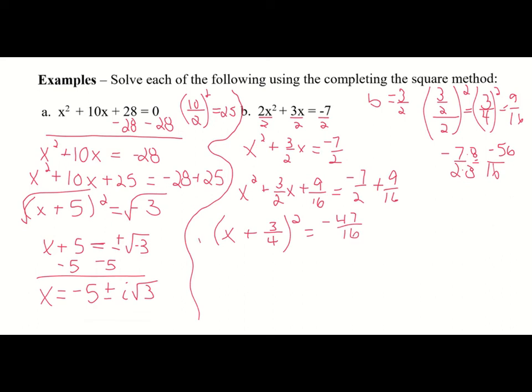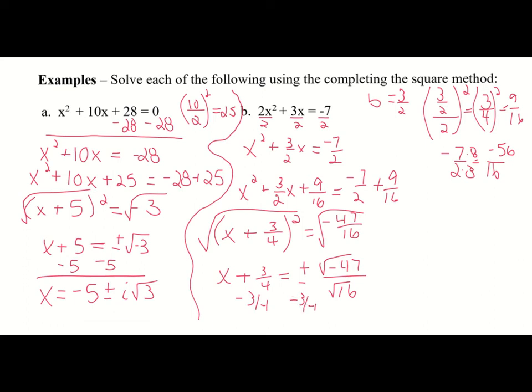We'll take the square root of both sides. So we're going to have x plus 3/4 is equal to positive or negative square root. And again, I think I am going to go ahead and split it up because we might need to rationalize. The square root of negative 47 over the square root of 16. And then we'll subtract 3/4 from both sides to isolate x.